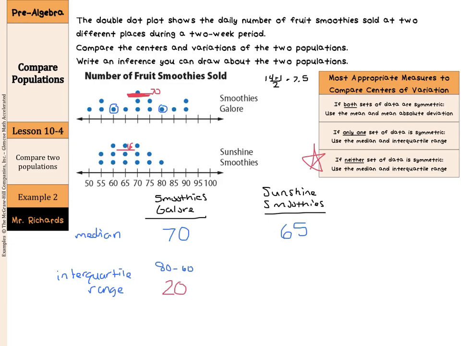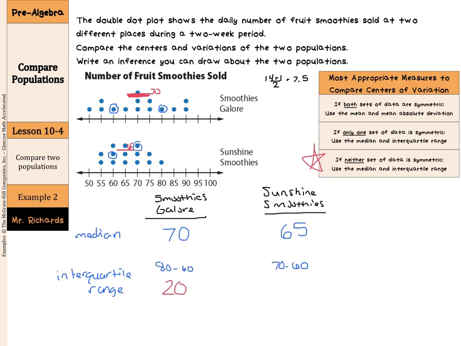What about Sunshine Smoothies? Well, it's very similar. I have 1, 2, 3, 4, 5, 6, 7 data values on the lower half. And so it's going to be the 4th term, which is 60 here. And then the upper half, I have 7 terms. It's going to be the 4th term, which is 70.